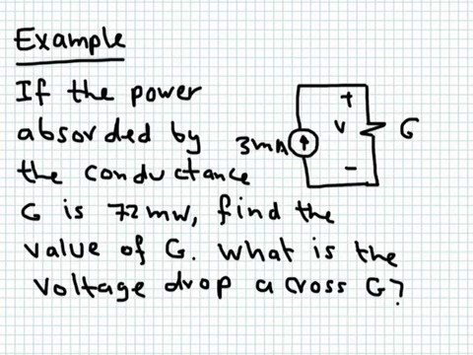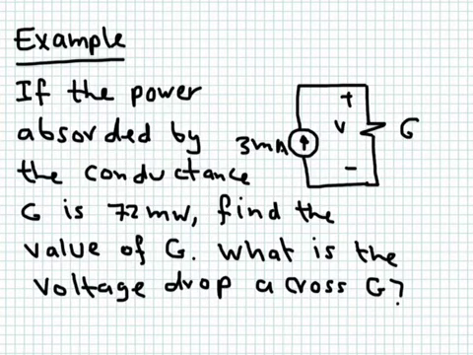A conductance is nothing but a resistance, but when we write it as G, we are expressing it as 1 over R. So we would like here to determine the value of G, given that the power dissipated in that conductance is 72 milliwatts, and would like to know the voltage drop across G. This is a very simple application of, again, we have the power given, we know the current, we don't know the resistance or the conductance here, it's equivalent, then we can get the value of R or G. Very simple calculation using the expression for the power.